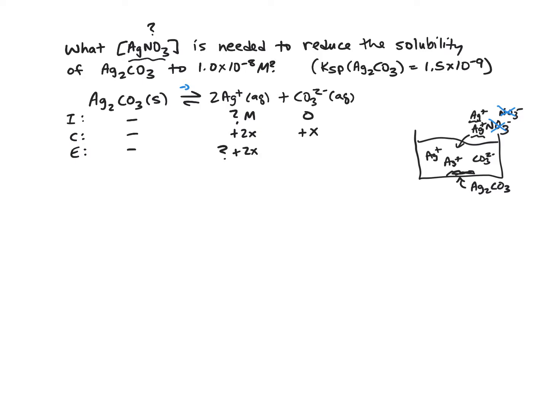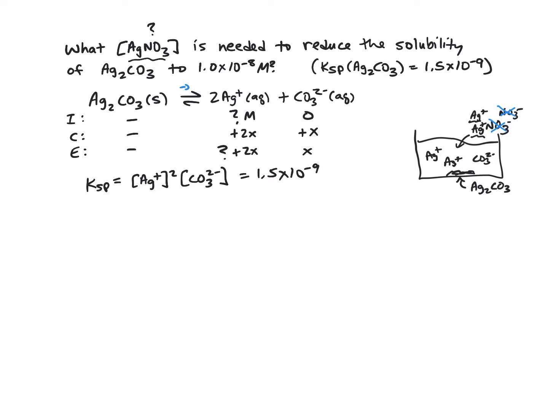And then for carbonate, we have x. And now, we of course know that KSP is equal to the silver ion concentration squared times the carbonate ion concentration, and that equals 1.5 times 10 to the minus 9th.